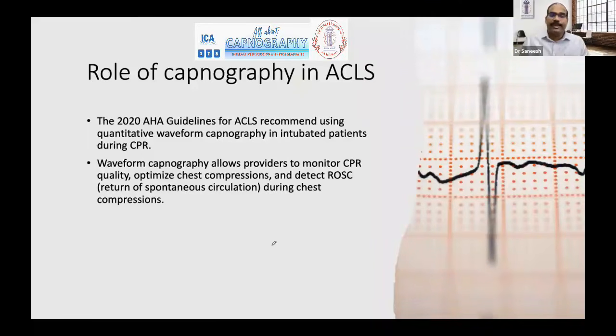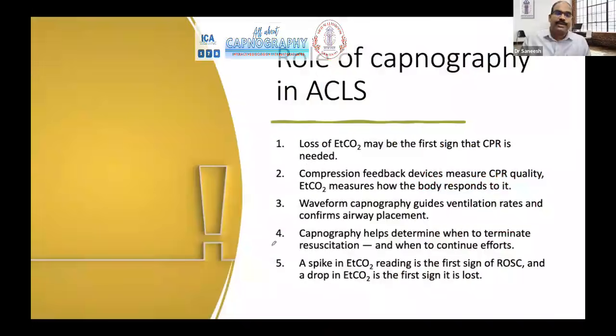So confirmation of definitive airway is required. And because you want to continue a higher chest compression fraction, in most ACLS scenarios even a supraglottic airway should be good enough to maintain the airway as a definitive airway. But capnography is ensuring good quality, and these are the advantages.